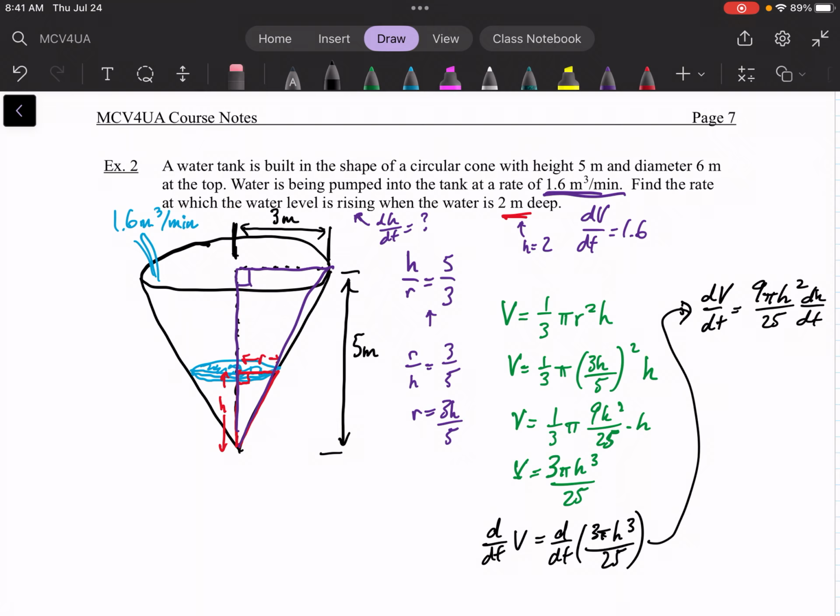Okay, so now I can substitute the values I know. So I put 1.6 over here, and I put 9 pi, h is 2, square that, over 25, dh dt. Okay, so now it's just a matter of solving this. So solve for dh dt.